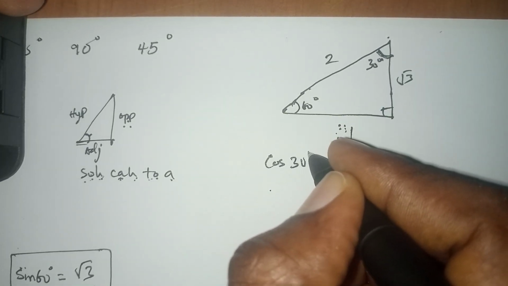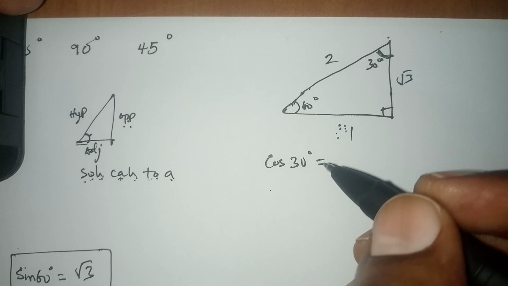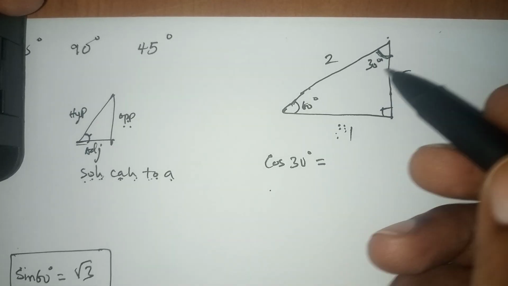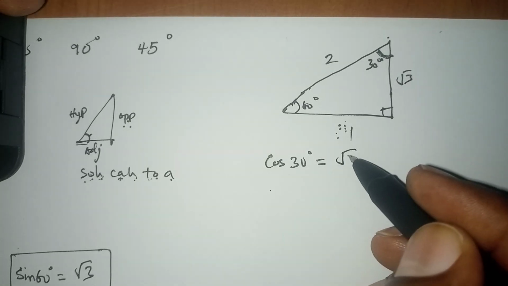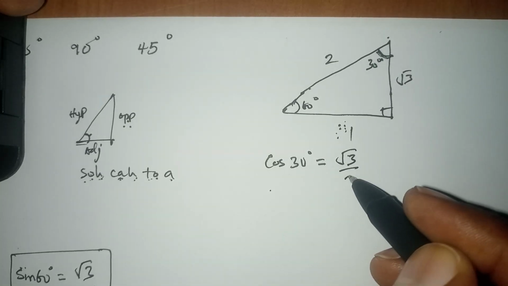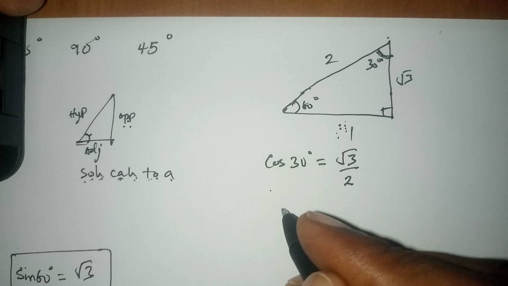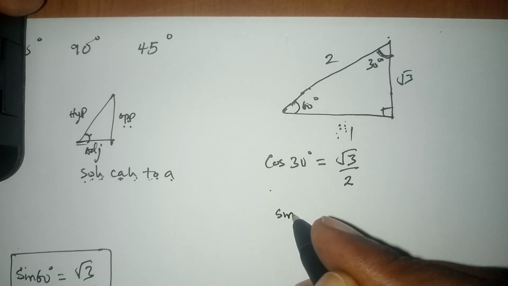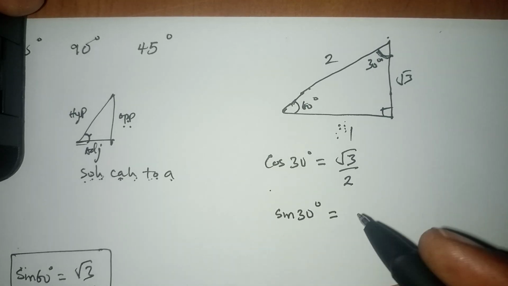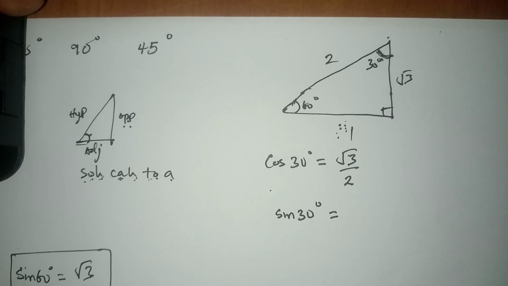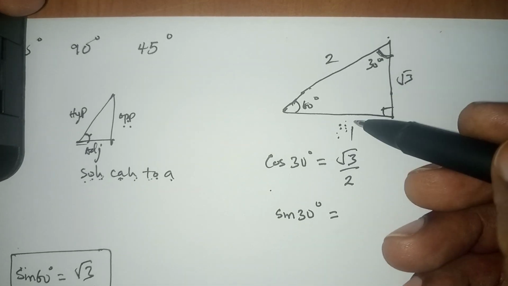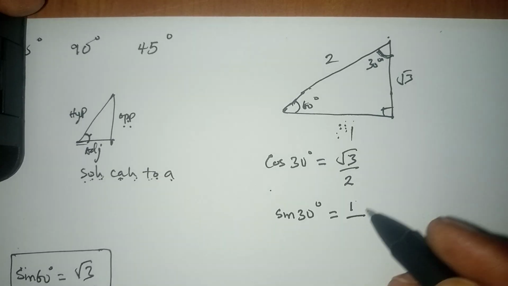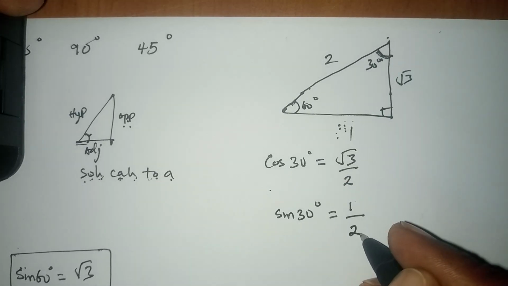Cos 30 equals, don't forget, cos is adjacent over hypotenuse. So this is opposite, so this is adjacent. Adjacent is root 3, hypotenuse is 2. All right. What of sine 30? Sine is opposite over hypotenuse. What's the opposite of this 30 now? This is 1. Hypotenuse is 2. 1 over 2.